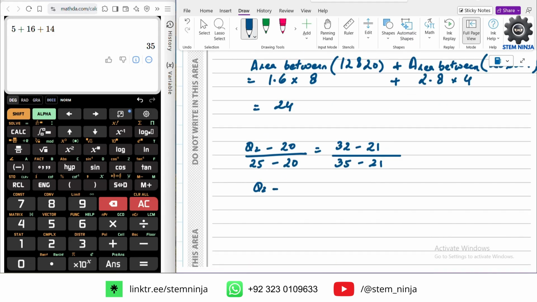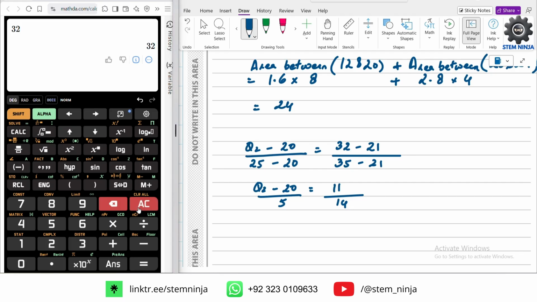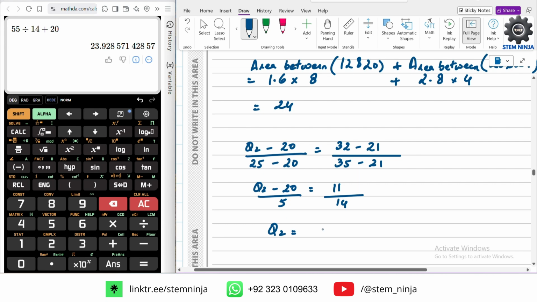So Q2 minus 20 divided by 5 equals to 32 minus 21, that is 11 over 14. Right, so 32 minus 21, 11, and 35 minus 21 is 14. Right, okay, so 55 divided by 14 plus 20, 23.928, so you can round it as 24.0. Right, okay.